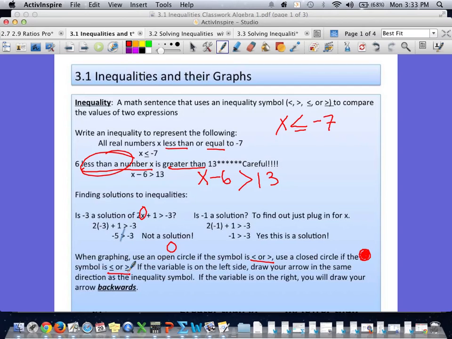If the variable is on the left side, which is what we've been practicing on, now you're going to be able to use it. Make sure your variable is on your left side. You draw your arrow in the same direction as the inequality symbol. If the variable is on the right, you will draw it backwards, or use the symmetric property and flip it around.